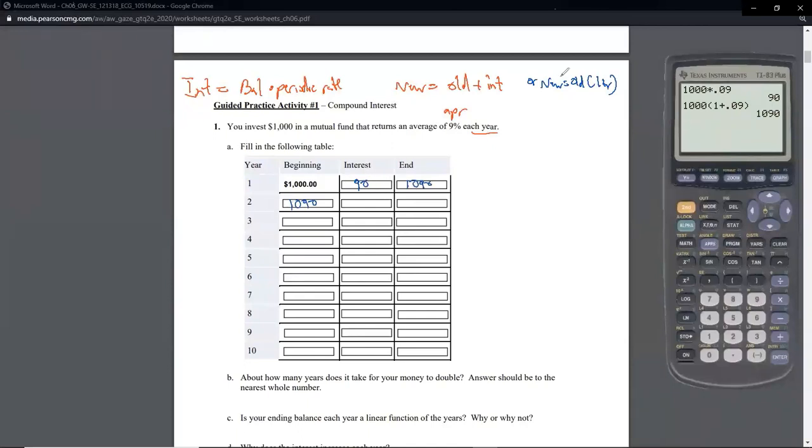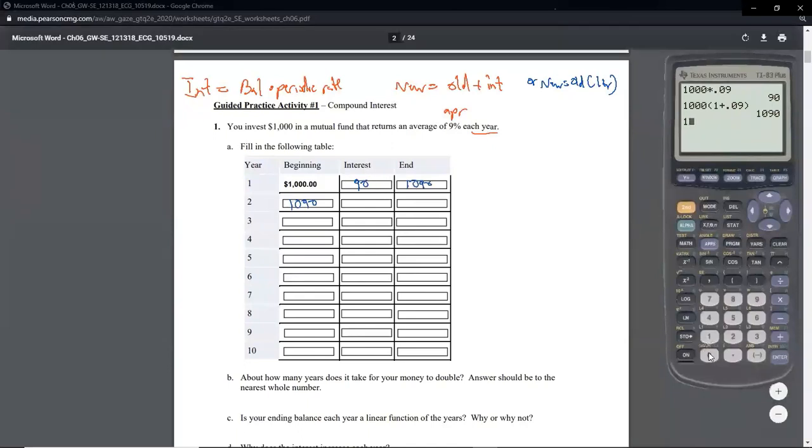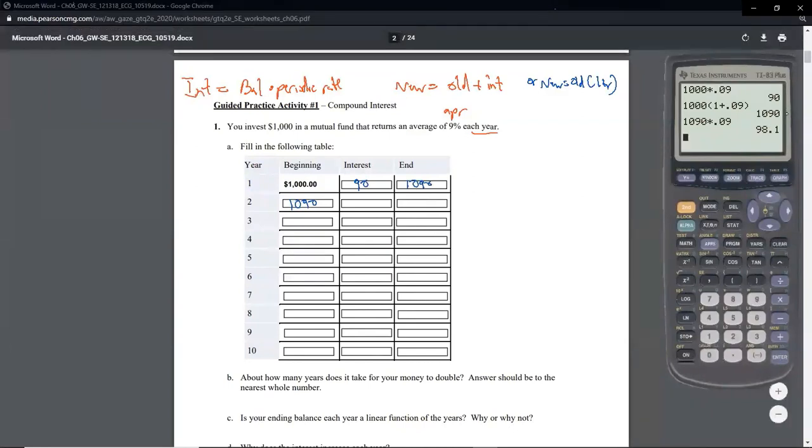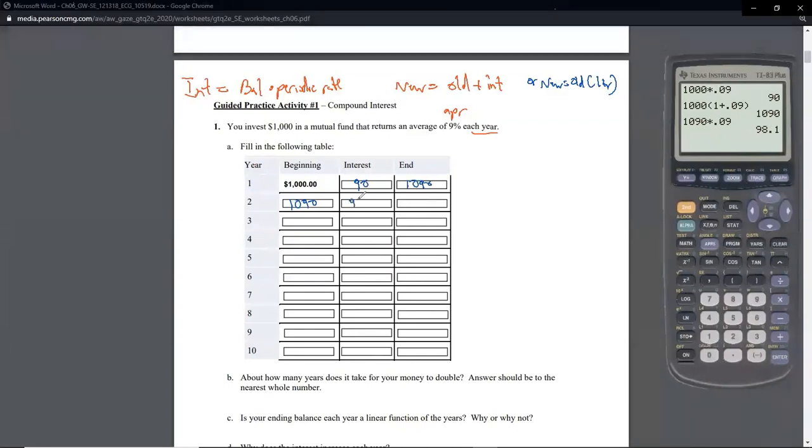Then to calculate the interest, we're going to take that 1,090 and we're going to multiply it by 0.09. And we get $98.10. And clearly, I say clearly, but sorry, I can't hit my mute button when this annotate menu is up, unfortunately.